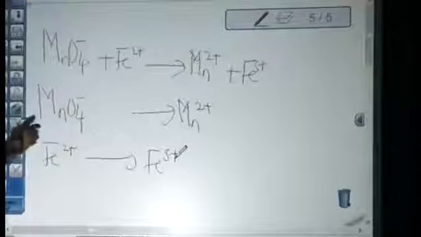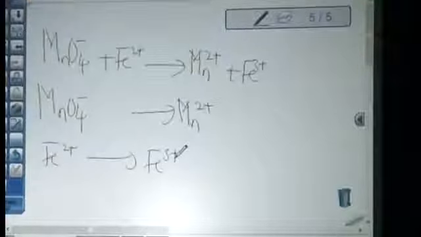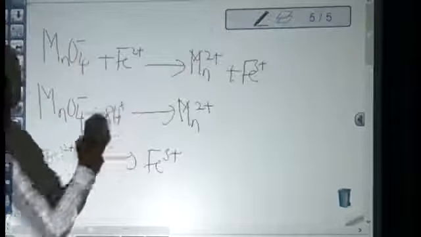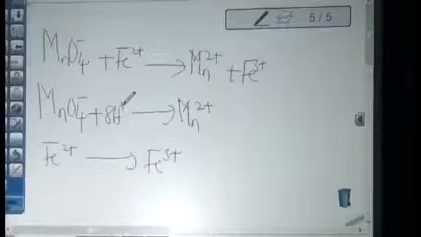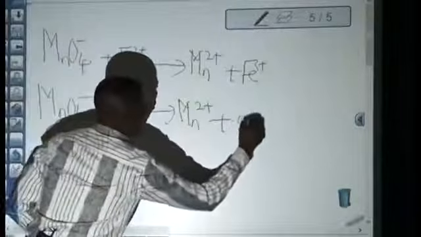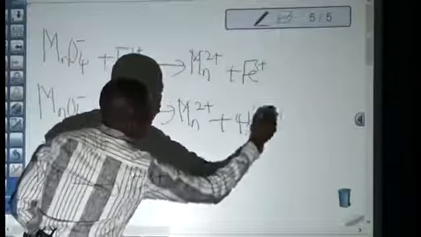It means here we are going to add 8 hydrogen ion because there are 4 oxygen atoms in excess. Then we have plus 8 H plus. Then the other side of the equation, we are going to balance with 1 molecule of water to 1 oxygen atom. How many water molecules are we adding at the right-hand side? 4, correct. Then we have plus 4 H2O.